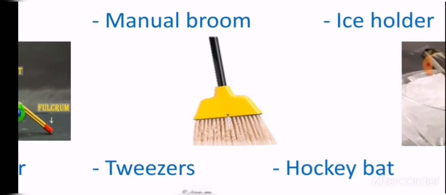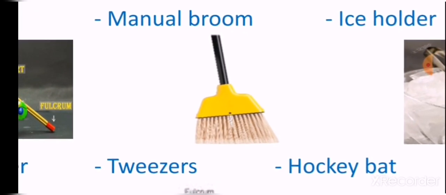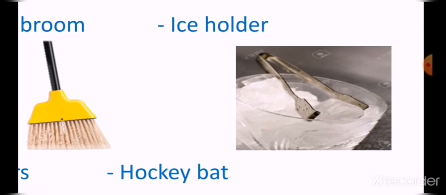Number 2, like a manual broom. You hold the manual broom from the middle, so the effort force is between the resistance force and the fulcrum. Like an ice holder or coal holder.